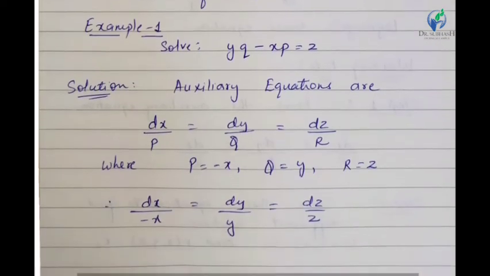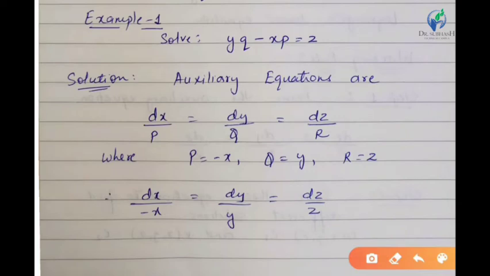See, we will see example 1. Solve yq minus xp equal to z. Our auxiliary equation is dx upon P equal to dy upon Q equal to dz upon R. Coefficient of small p is minus x, so capital P will be minus x.